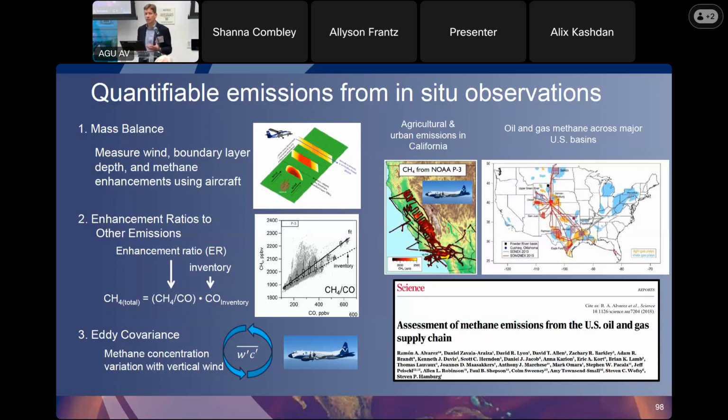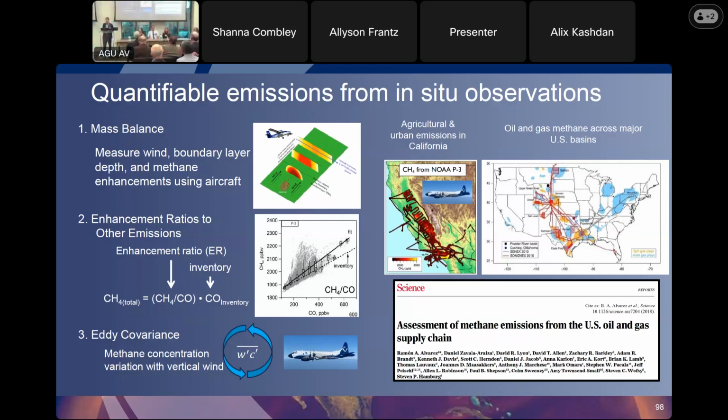And then lastly, if you know something about vertical wind fields, you can do eddy covariance. That's a technique that lets you do a very similar kind of analysis to mass balance, but in the vertical dimension, looking at the rate at which things are advected upwards or downwards. Examples of past work that illustrates how this has been implemented are over on the right.